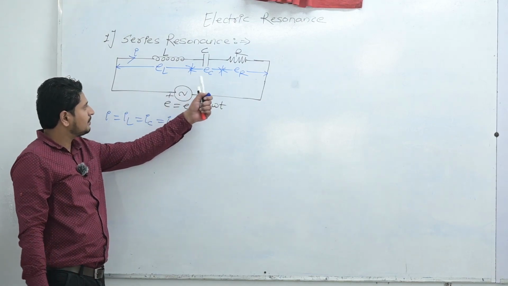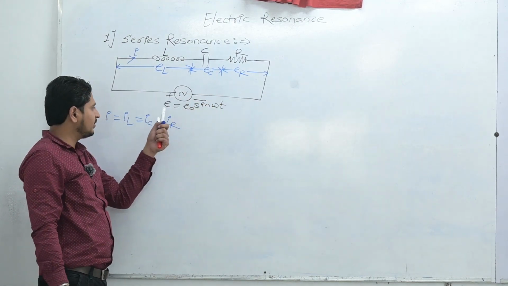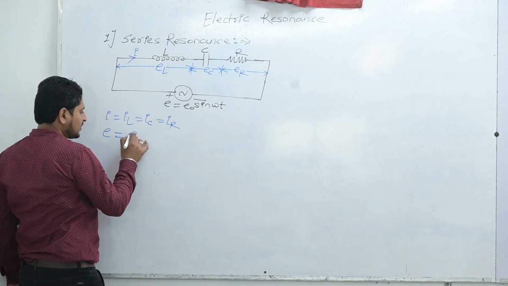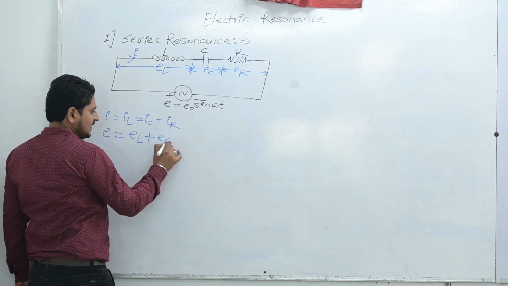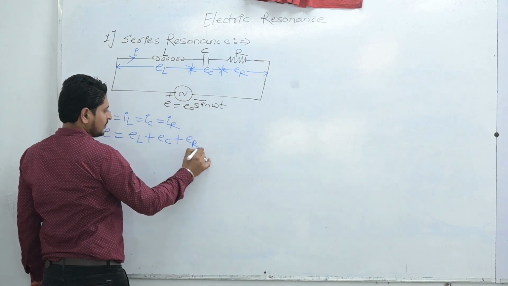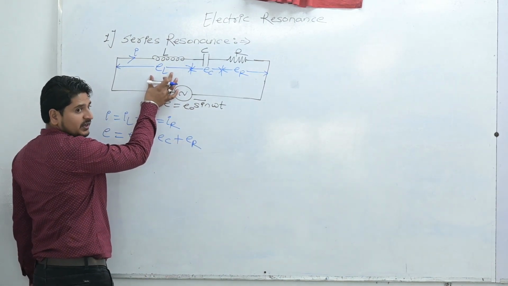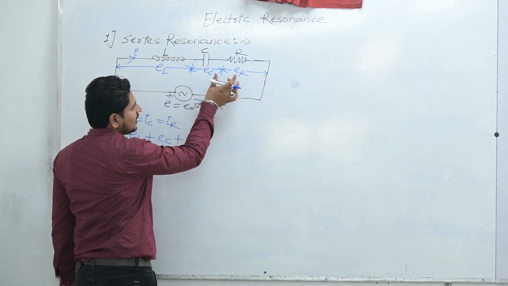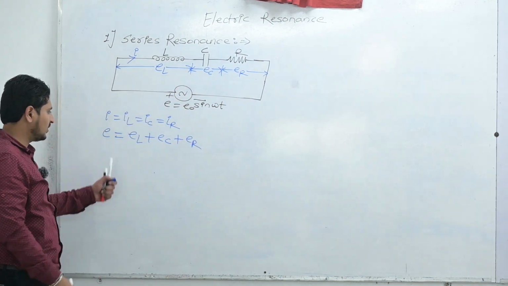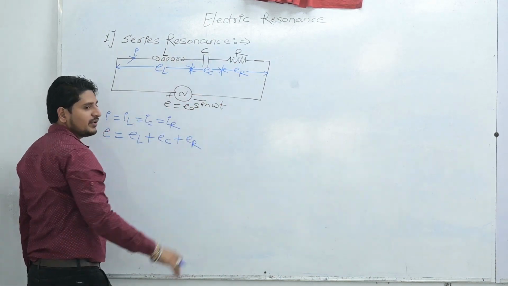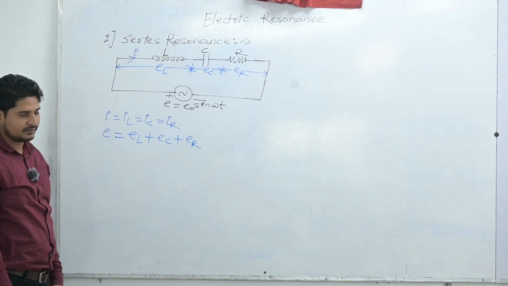So EL plus EC plus ER should be your total EMF, that is E is equals to EL plus EC plus ER. So the addition of EMF across inductor, EMF across capacitor, EMF across resistance should be the total EMF which is applied to the series combination of LCR circuit.